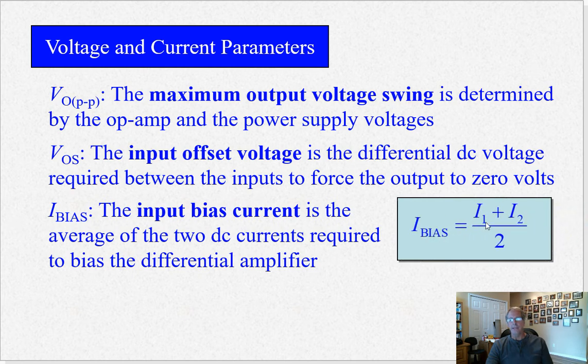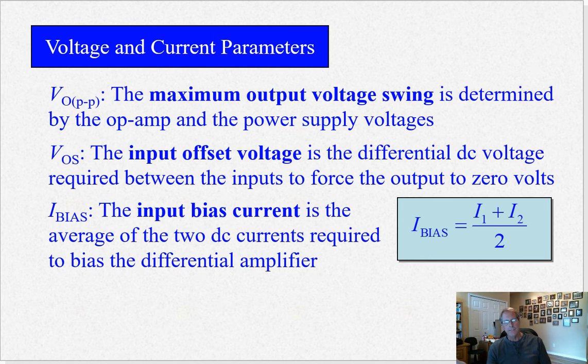Input bias current is the average of the two currents going into the op amp. I1 might be the current going into the inverting input, and I2 the current going into the non-inverting input. It's the average of those two currents. Typically, it's very low. In fact, when we start doing calculations, we assume these are both 0.